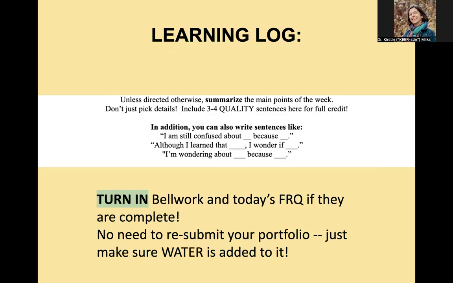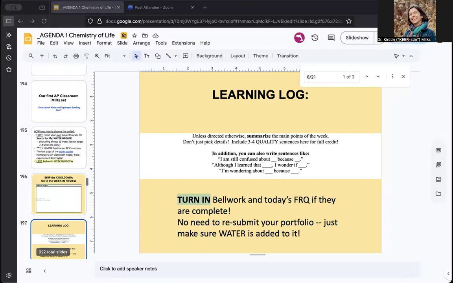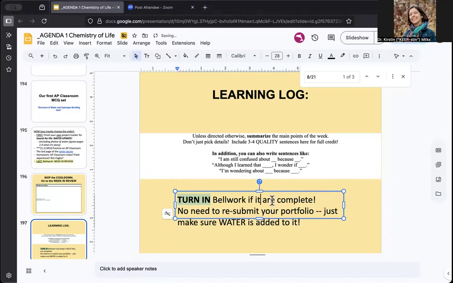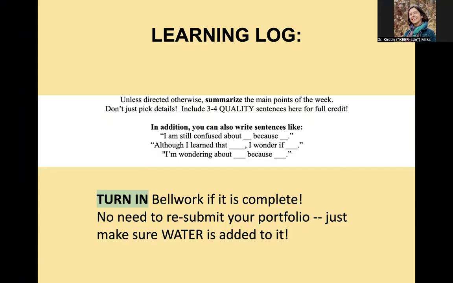And then in the learning log, oh, there's no FRQ today. Sorry, I forgot what was happening today, and this is a better plan. Okay, great. Here comes the slideshow again. It's beautiful. Look at that. So then when you write the part about the learning log, the goal is for you to write a summary of the main points of the week.